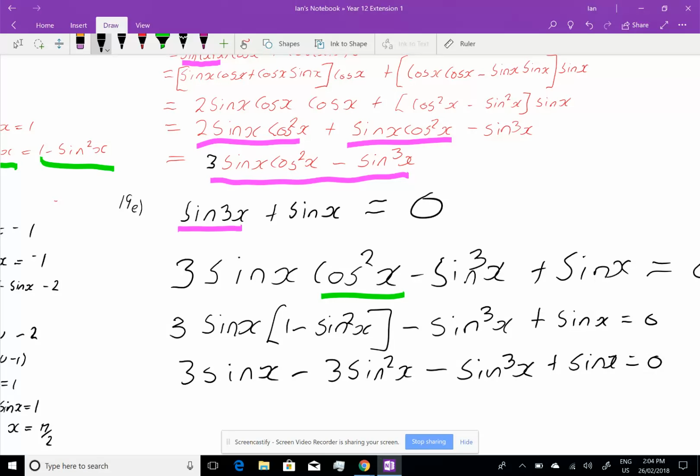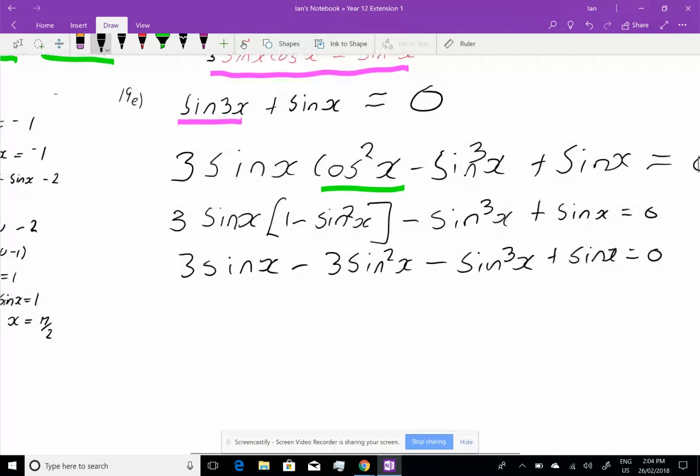And I'm a bit worried because I think I got a different answer to this before. I think I might have missed a negative there, so I'm just looking at my work from before today because I did this one. Anyway, I'll carry on.